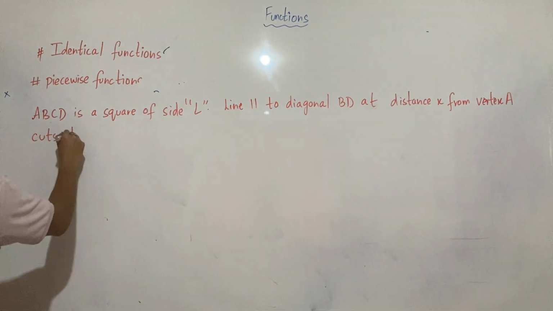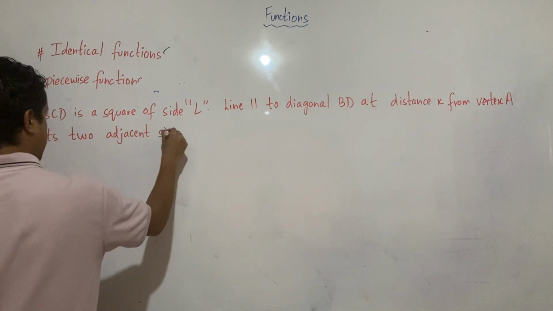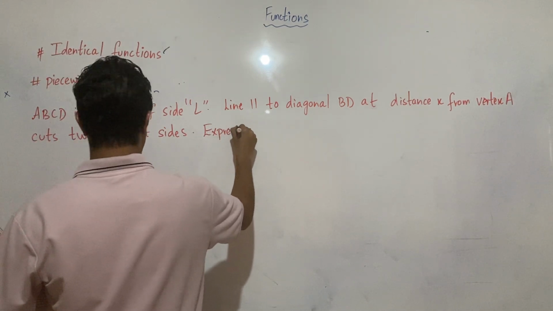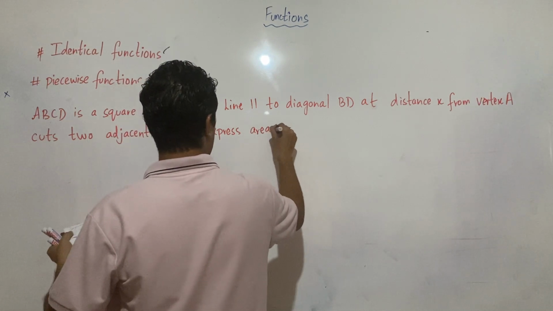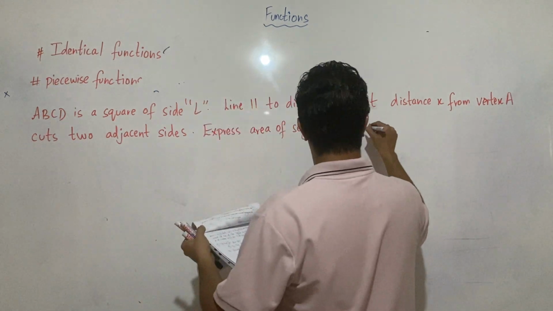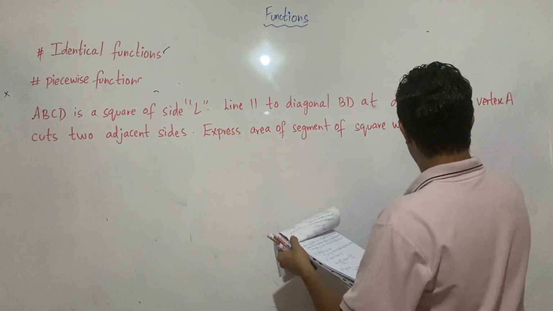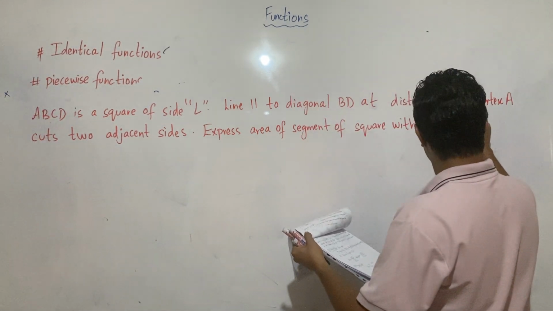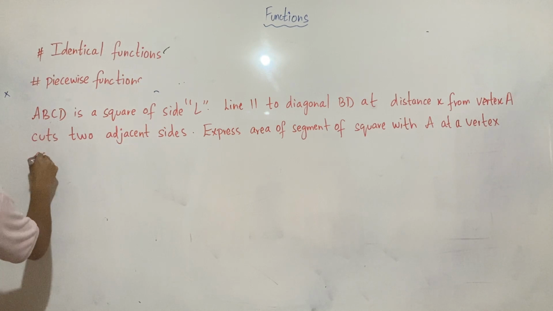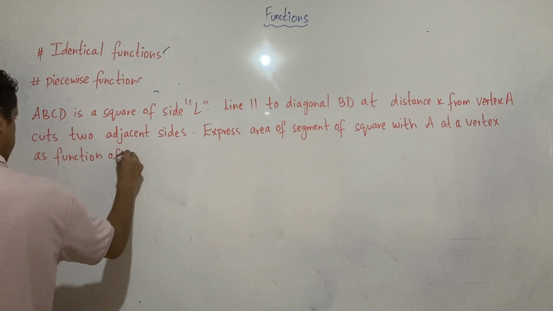cuts two adjacent sides. Express the area of the segment of the square with A as a vertex, S, as a function of x.